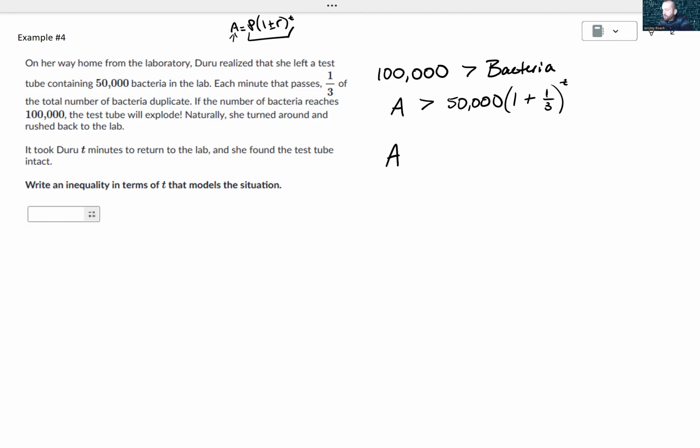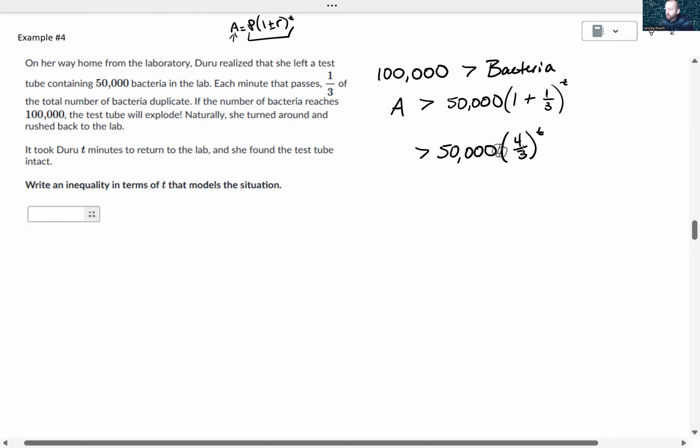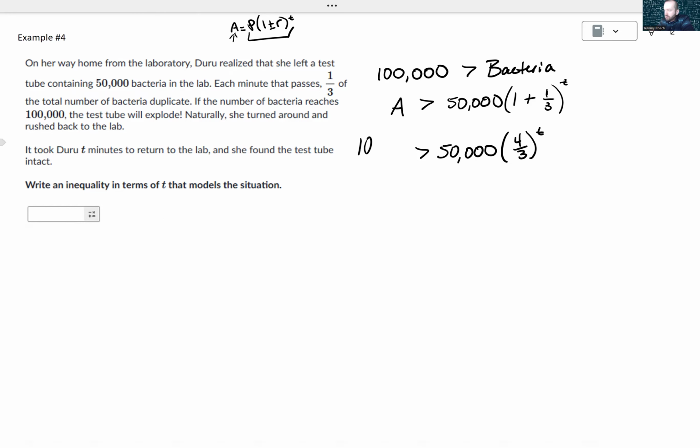So A is less than 50,000 times 4/3 to the t. And I should have written our 100,000 as our final amount. Okay, so that's the inequality that models this situation.